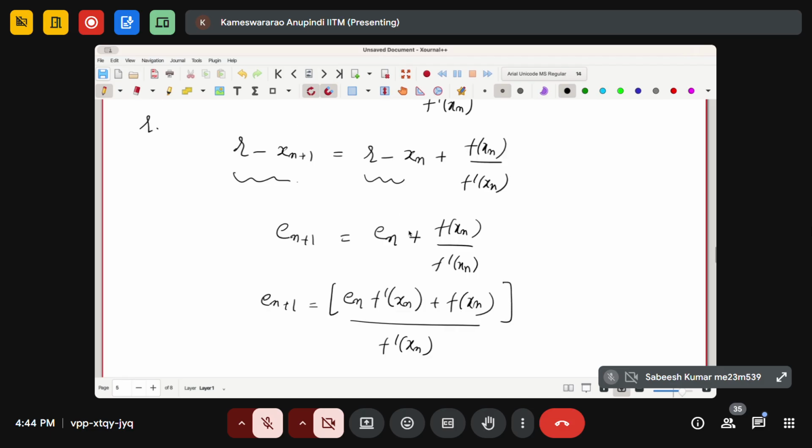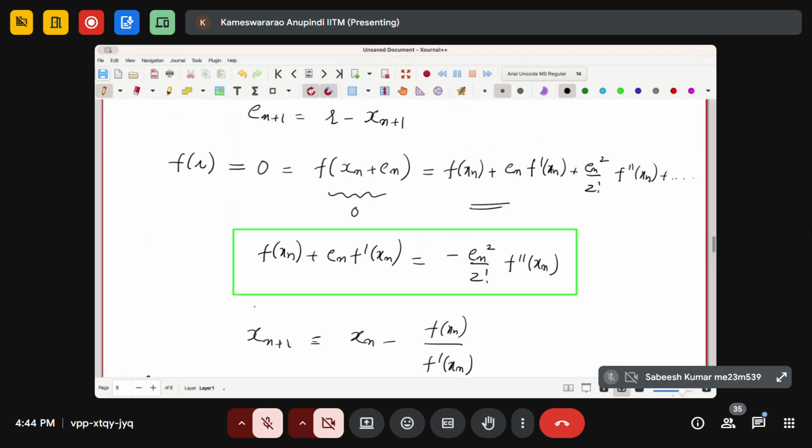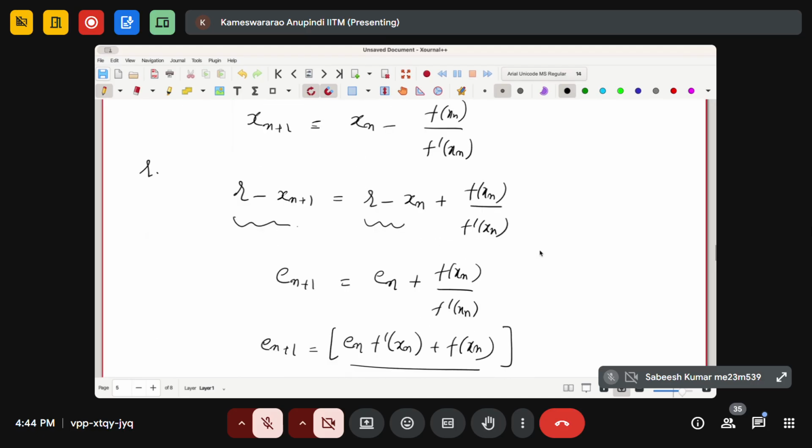I have just obtained this as f of xn plus en f prime xn as minus 1/2 en square times f double prime xn. So I can substitute from there.